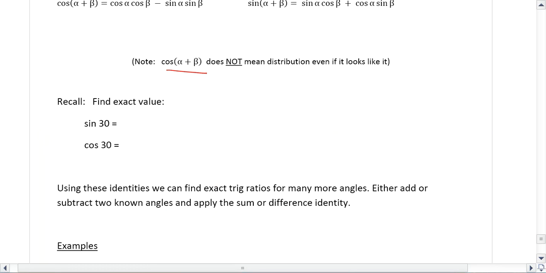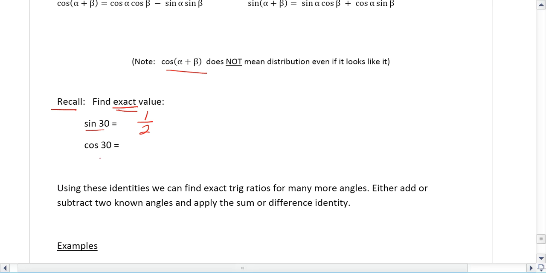In learning how to use them, first I want to remind you of something that you already know. You already know how to find the exact value of angles that are on the blue sheet from the unit circle that we've worked with and proven with these special triangles. The sine of 30, if you look at your blue sheet, would be the y coordinate of the 30-degree angle, which is 1/2.